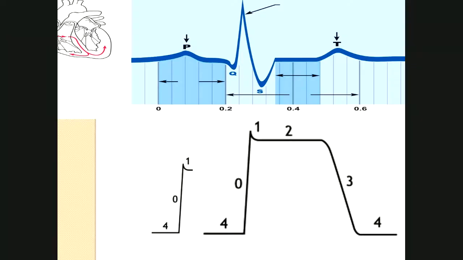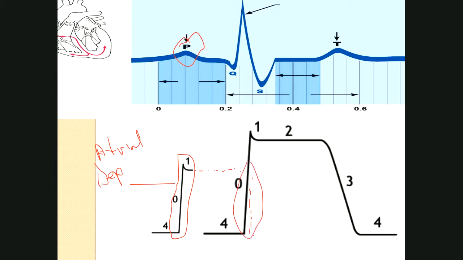So if we look at it, the P wave represents when the atria are depolarizing. So atrial depolarization. And you can't see it, but look, it comes on over here just like before. And then it's going to go this way. So here is atrial repolarization.